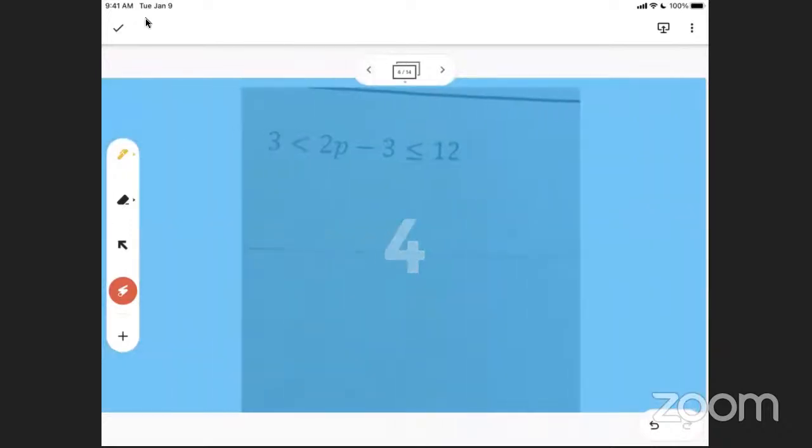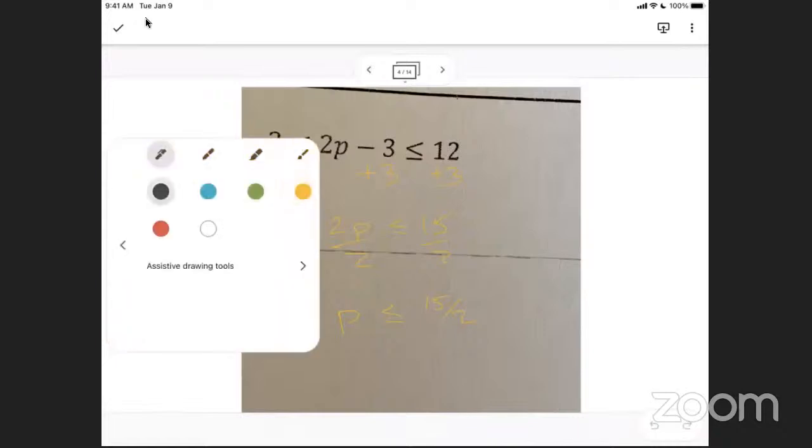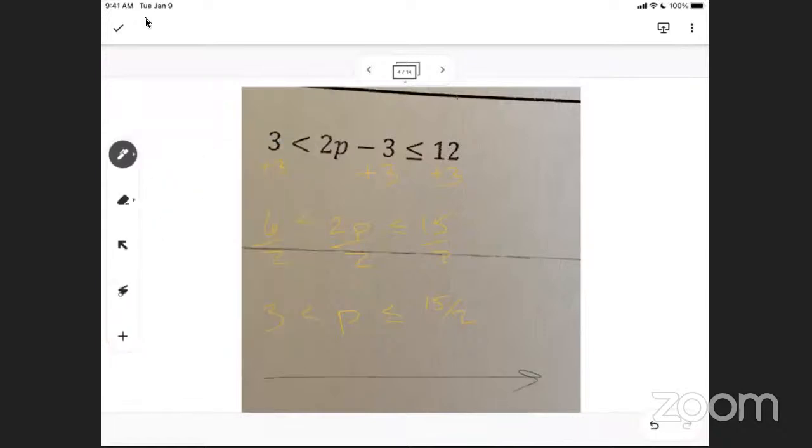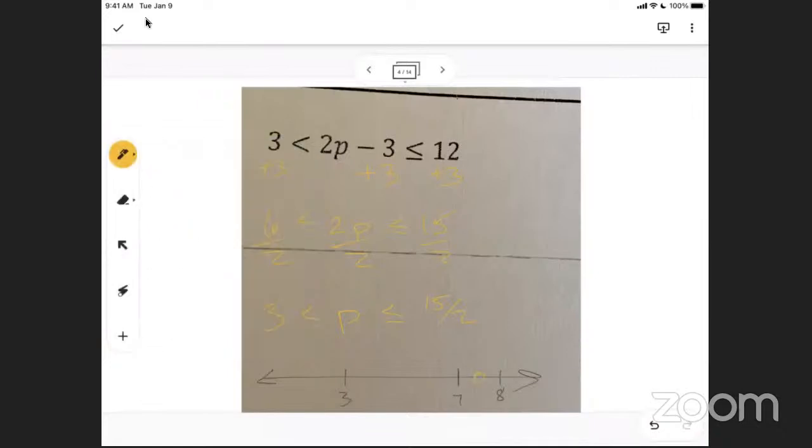For this other one over here, your graph would be from negative 15 halves, which is 7.5, since here's 7 and here's 8, and then here's 3 over here. So your graph would be in between there, including it.